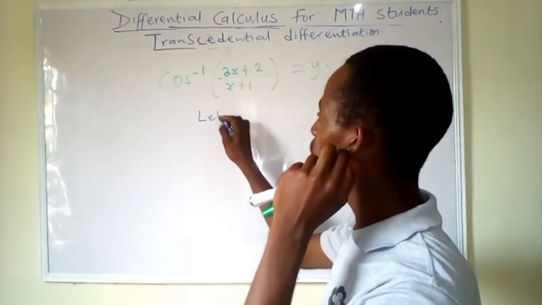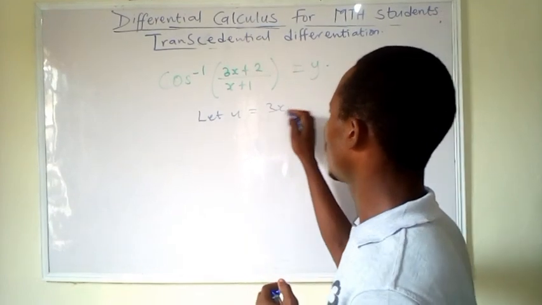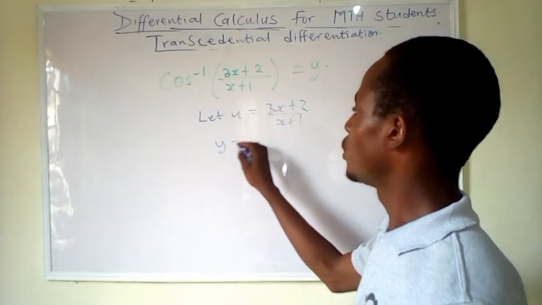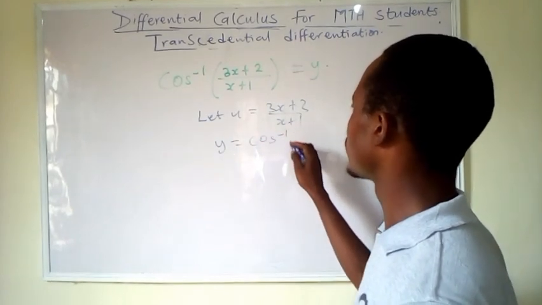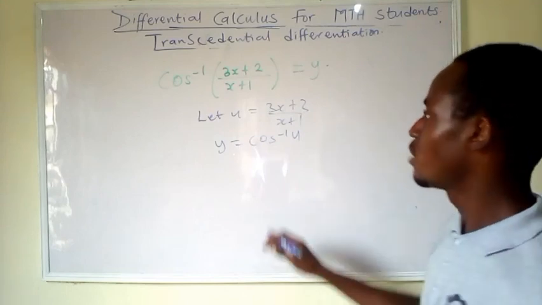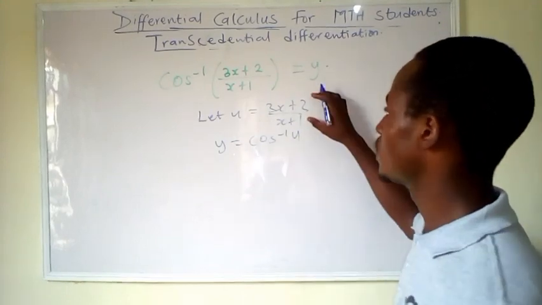So let u equal 3x plus 2 all over x plus 1. Meaning that y is the cos arc of u. As I've said earlier, we'll find the derivative of this and also of this.